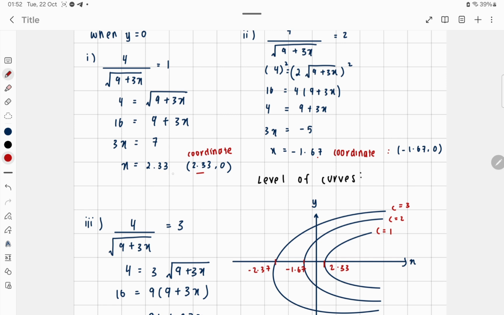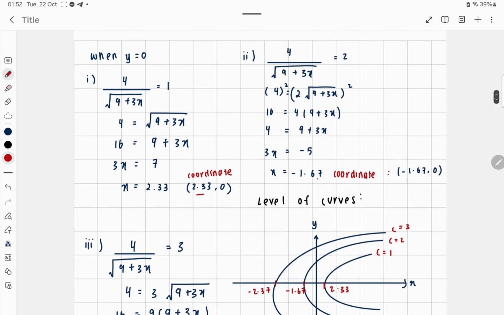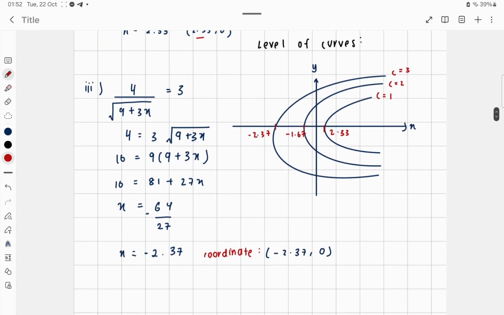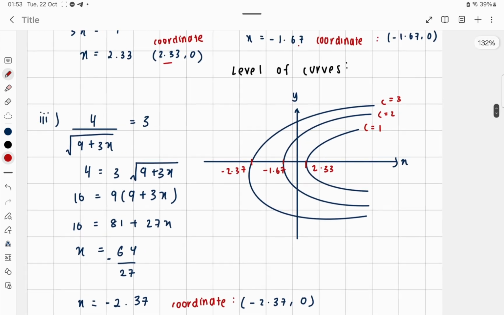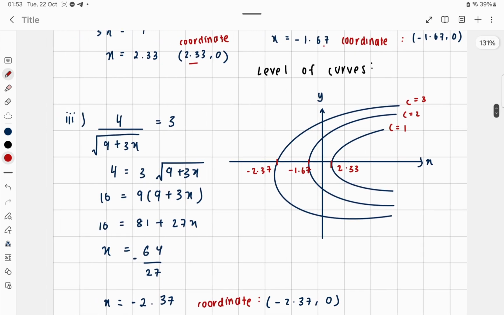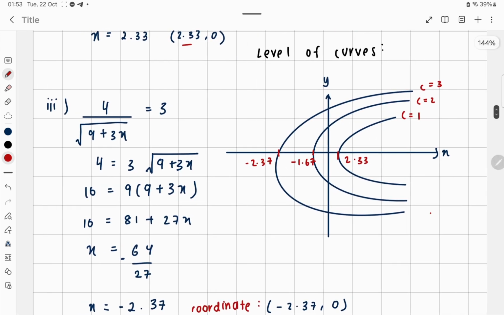For c equals 1, I will get the coordinate 2.33, 0. For c equals 2, I will get negative 1.67, 0. And for c equals 3, I will get negative 2.37 and 0. By sketching the level curves, I will get this as a result.